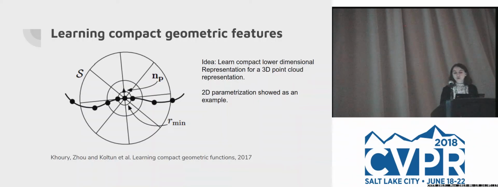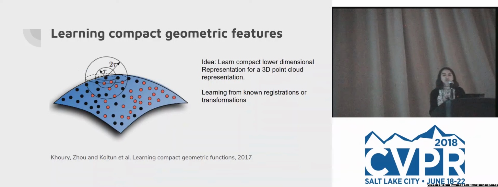However, what this work aims to do is to learn a more compact and more useful lower-dimensional representation to do the same task. In order to build a lower-dimensional embedding, you have to define which points should have the same representation and which points should have different representations.